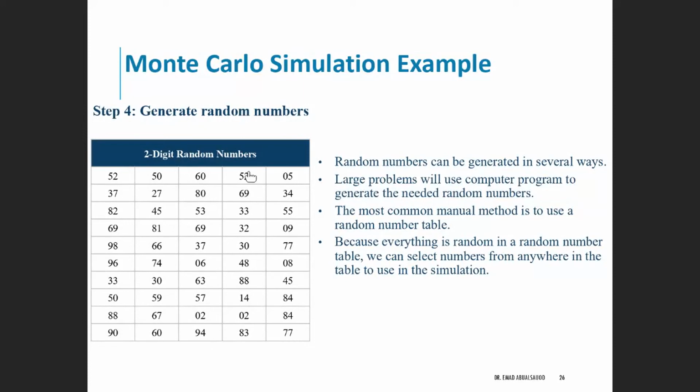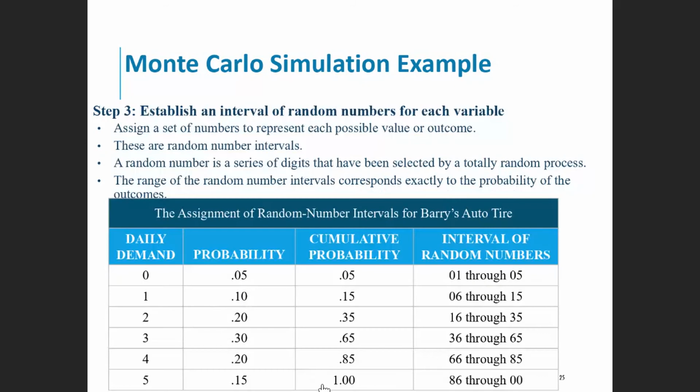Okay, so these numbers are generated: 52, 50. There is no sequence, no rules for how you generate those numbers. As you can see, 9 is here and 32 was before, and that can even be done in some software that can generate integers from a range where the interval starts from 1 to 100.